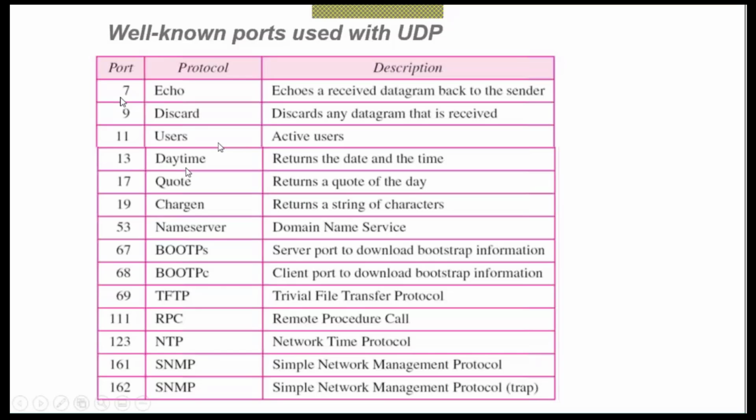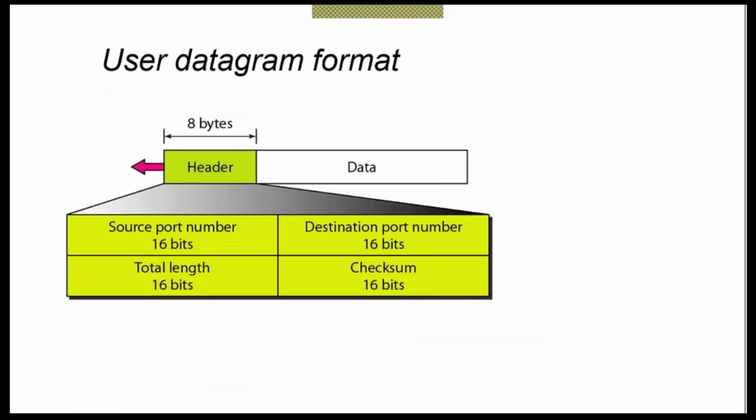Daytime service on which port? 13. BOOTP is on 67. Name server, DNS, on port number 53. TFTP, it's not FTP, is 69. So these are some well-known ports, and all the well-known ports must be below 1023. ये 1023 से कम ही होंगे. That I already explained to you.